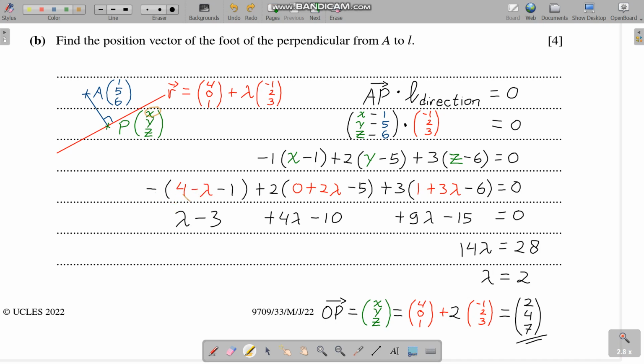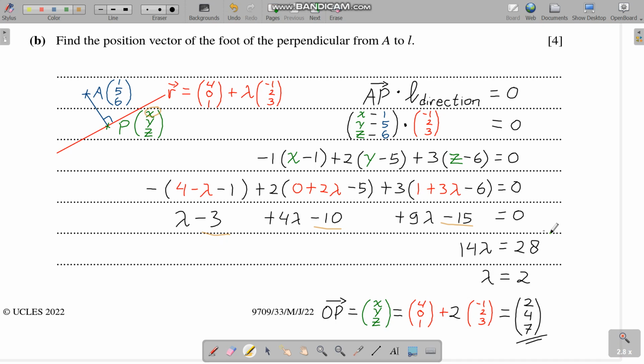We have minus 4 minus 1, so minus 3. 2 times 2 lambda is 4 lambda, 2 times minus 5 is minus 10. 3 times 3 lambda is 9 lambda, and 1 minus 6 is minus 5, so 3 times minus 5 is minus 15. We simplify 1 plus 4 plus 9, that is 14, and minus 3 minus 10 minus 15 is minus 28.